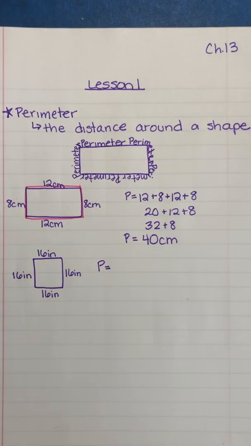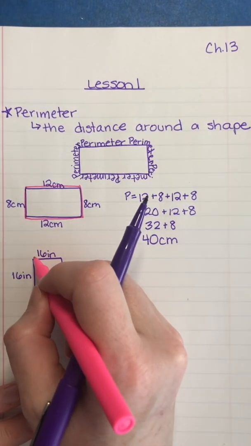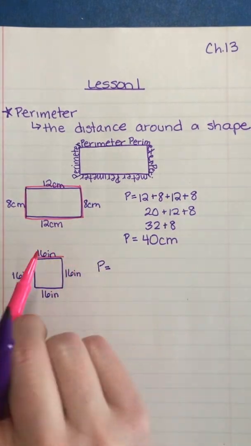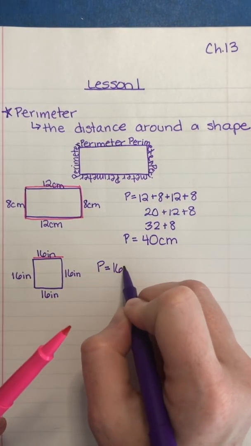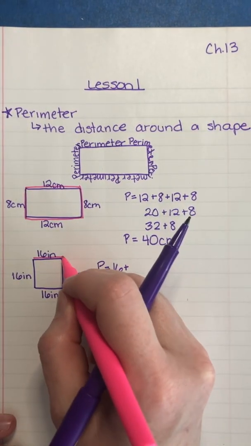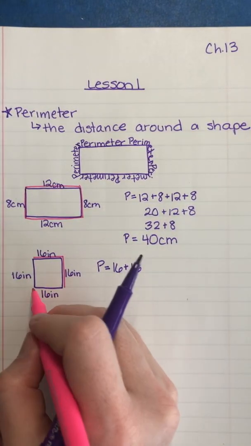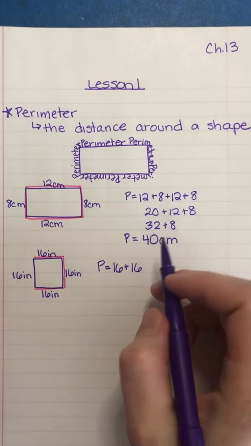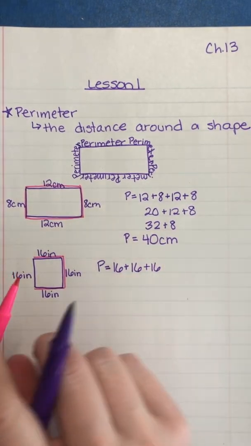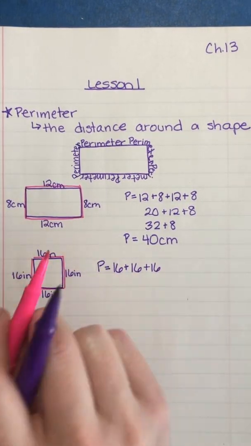So if I've got a square and I travel around it, I can do 16 plus 16 plus 16 plus 16.